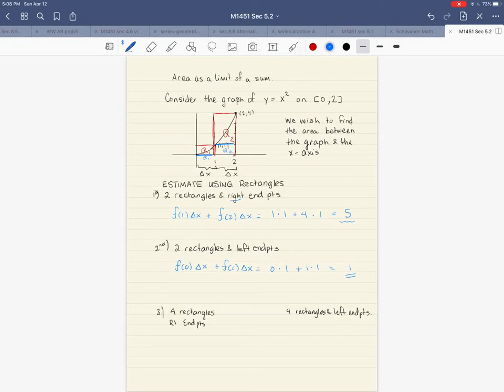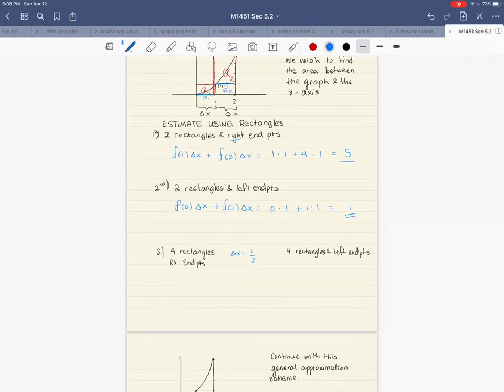So maybe if we double our efforts and cut up our intervals into 4 pieces, so now each delta x is going to be a half, and then find the left endpoint and the right endpoint there. So let's kind of make a number line here. I didn't leave myself a heck of a lot of room.